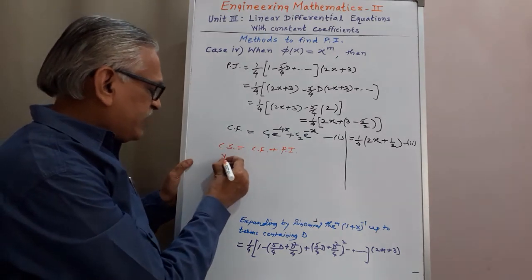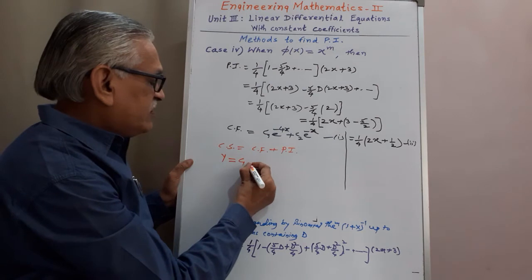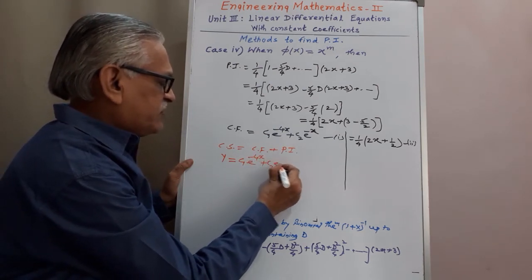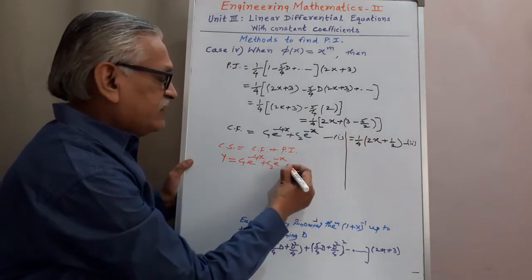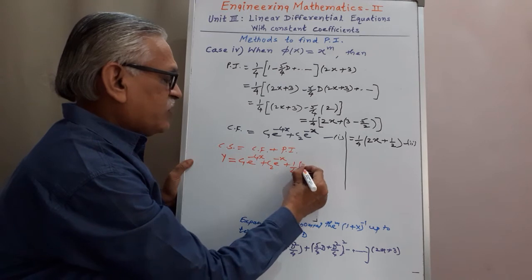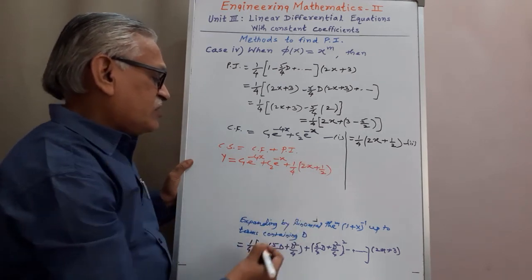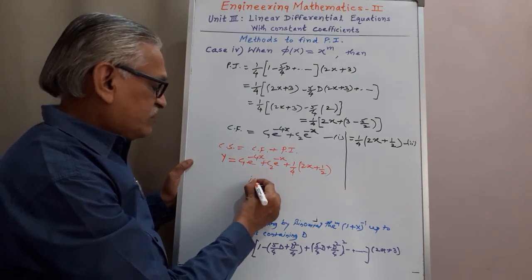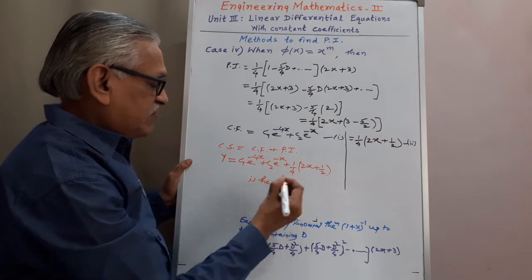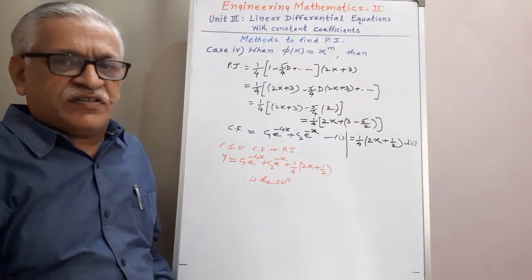The complete solution for the dependent variable y, CF is C1 e raised to minus 4x plus C2 e raised to minus x, and Pi is 1 by 4 times 2x plus 1 by 2, is the required solution of that given differential equation.